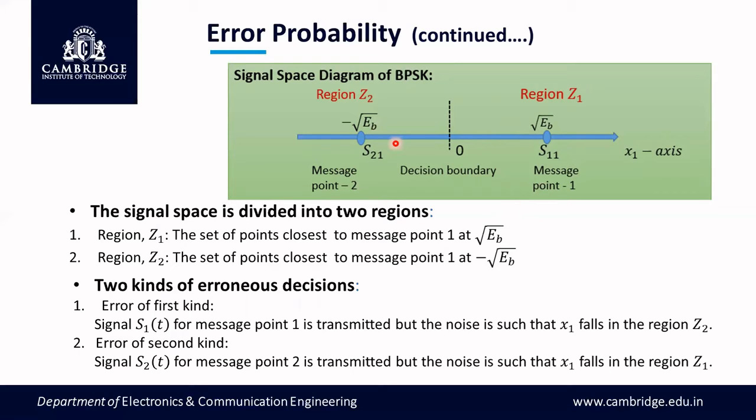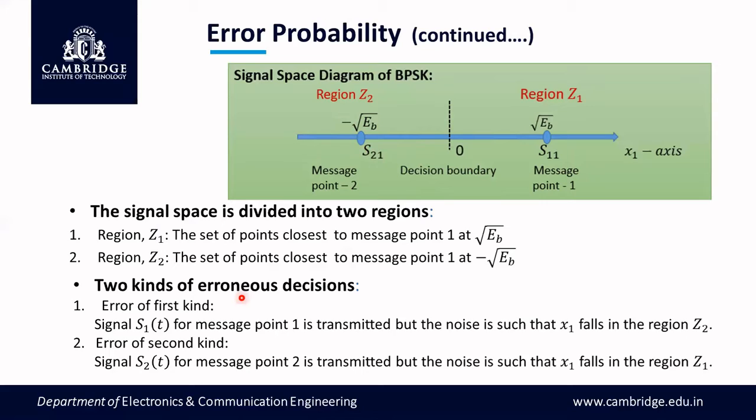The transmitted signal point lies in region Z1, but the received component falls in region Z2. At that time we make an error because X1 is falling in Z2. Definitely we decide in favor of message point 2, but actually the transmitted message point corresponds to message point 1. This is an erroneous decision.